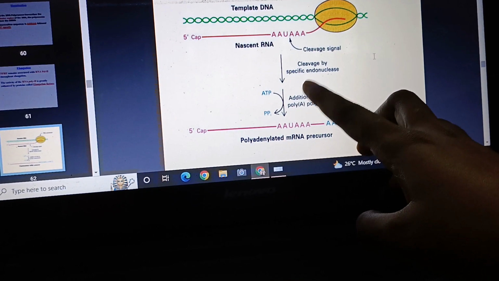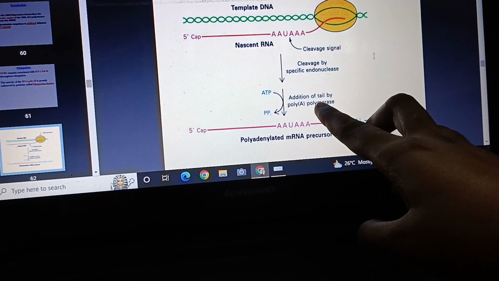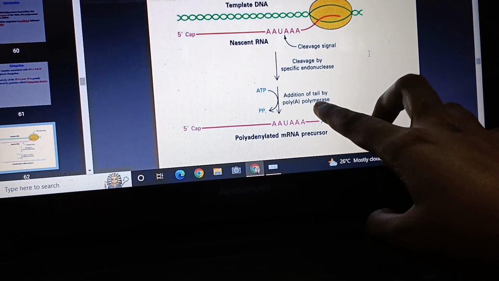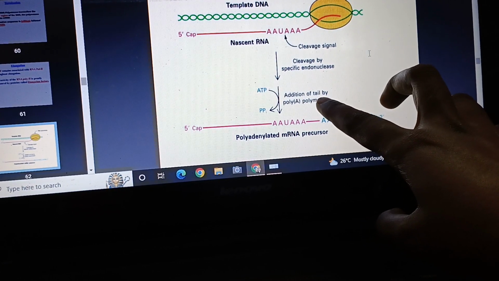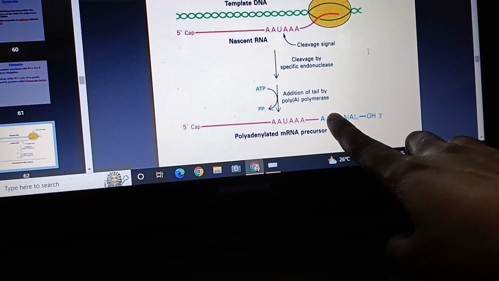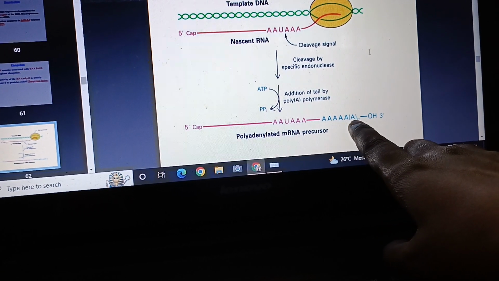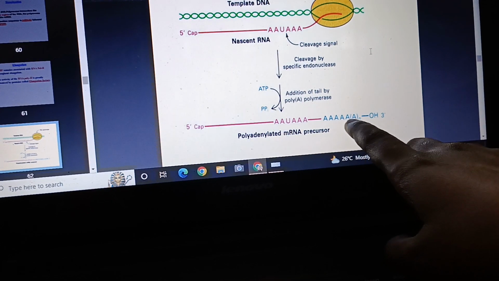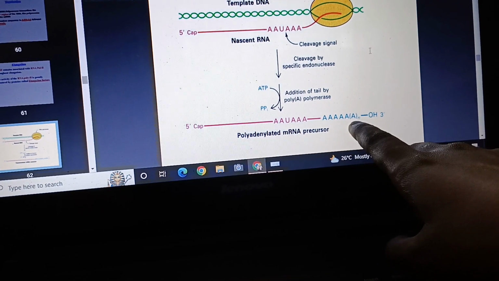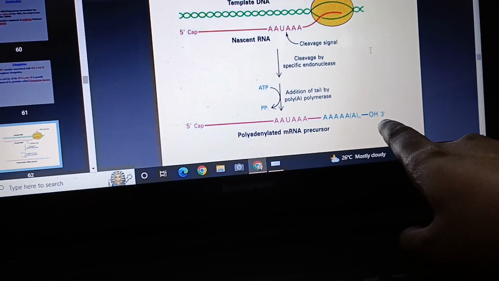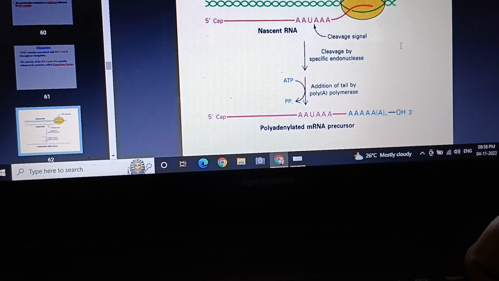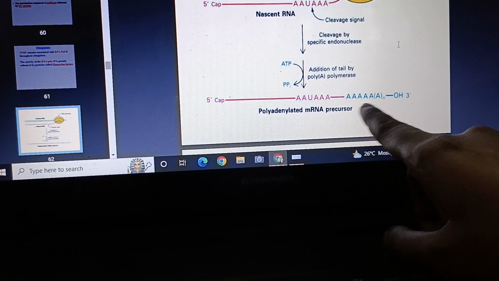So after that, poly A: adding adenine into the tail. See, this is the poly A. This is the number of adenines. So the tail, the 3' hydroxyl. This is called polyadenylation.